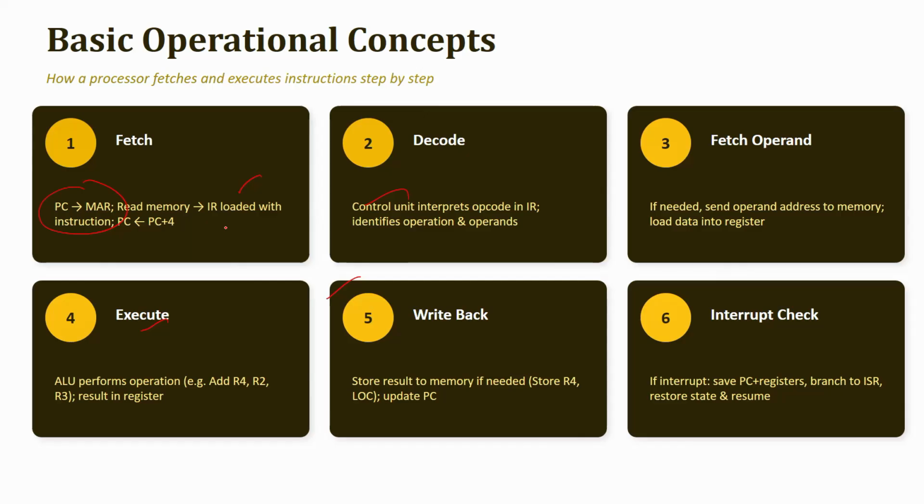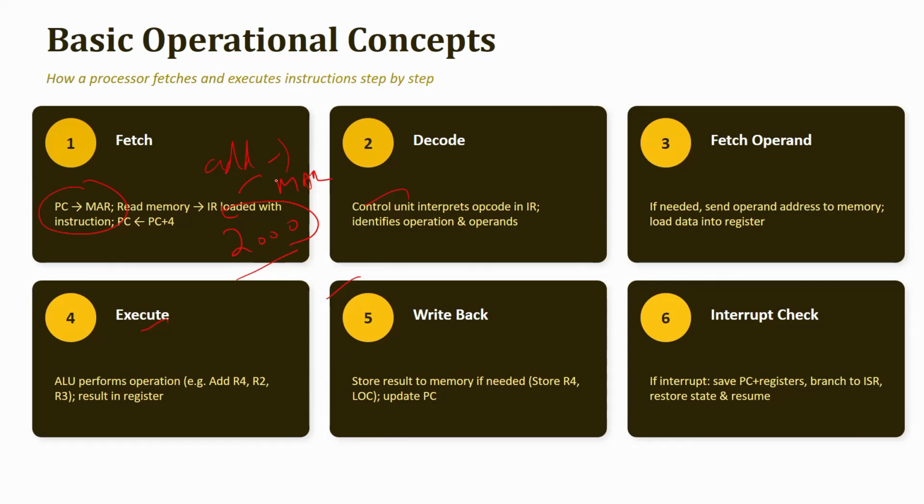For example, if the program counter contains the address 2000, then the processor copies this address to the MAR.